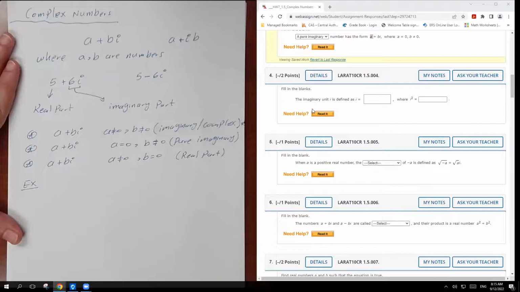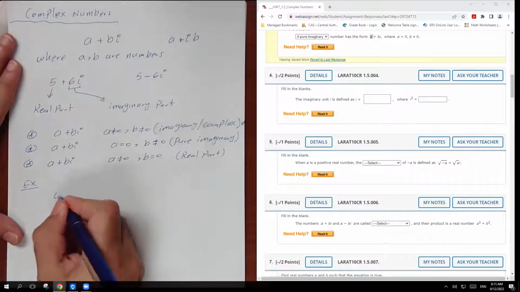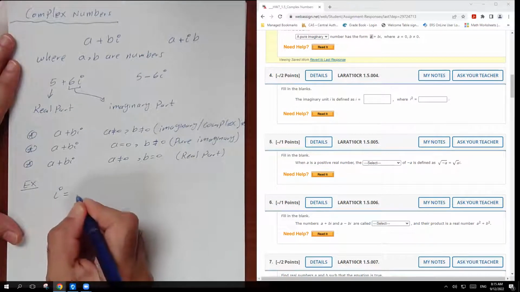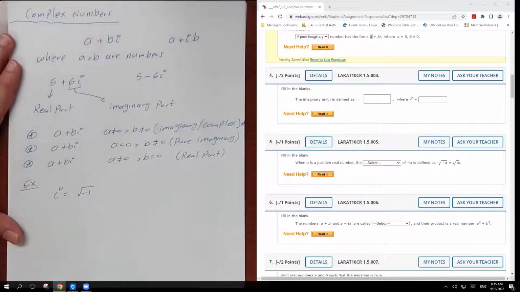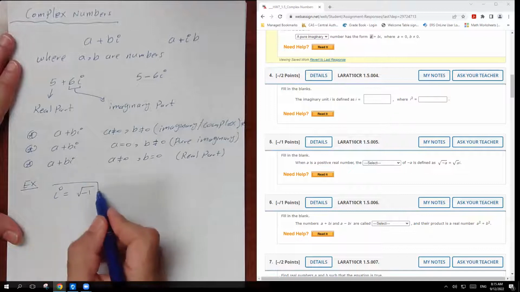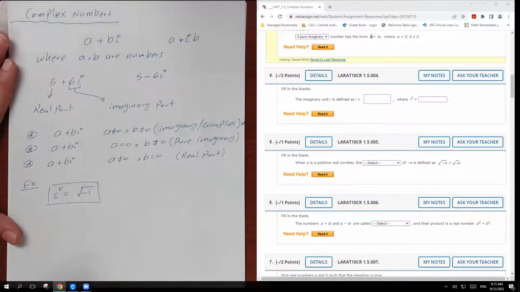The next part, the imaginary unit i, is defined as... So keep this one in your mind. i means the square root of -1. So every time you can plug in, instead of i, the square root of -1.